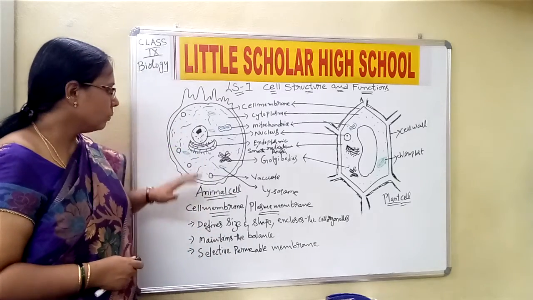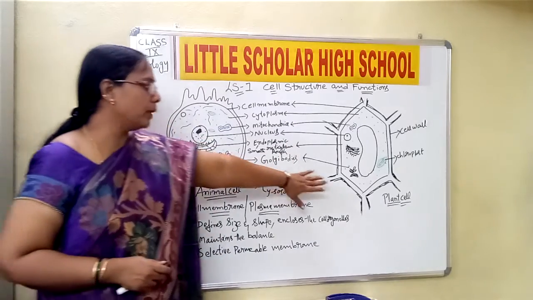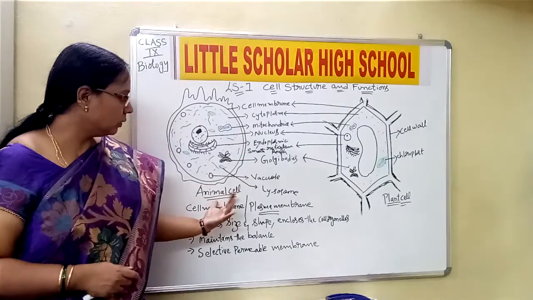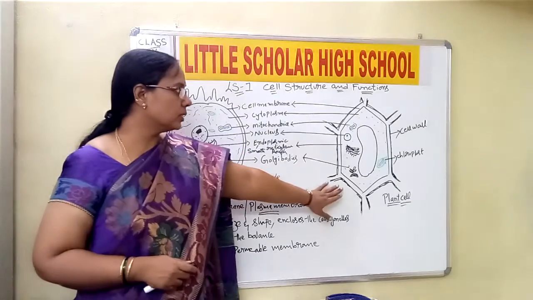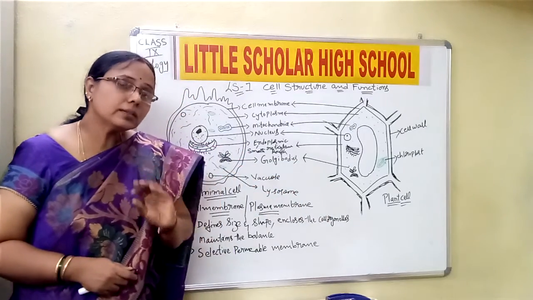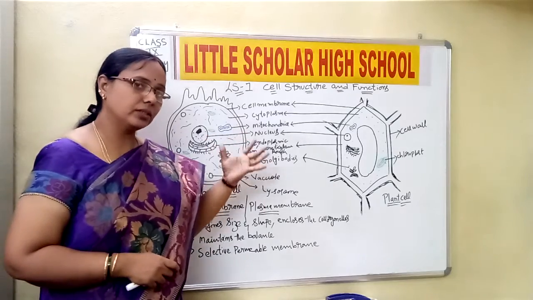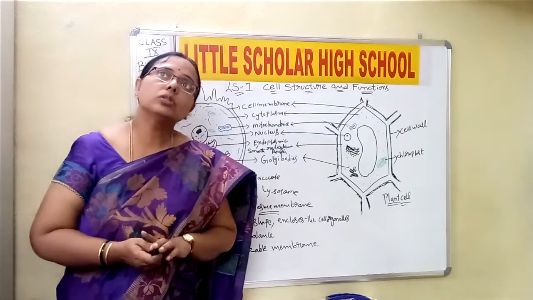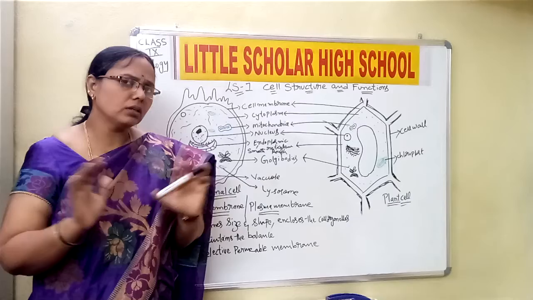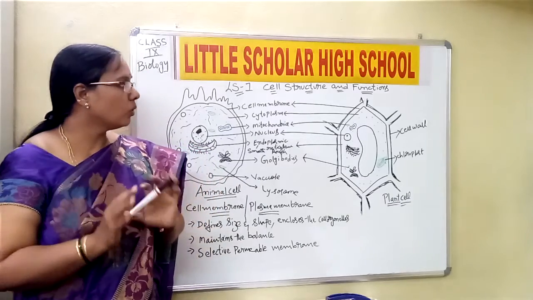Okay, children. Now, this is the plant cell, children. Till now we have seen about the animal cell, and this is the plant cell. Now, there is some difference between the plant cell and the animal cell. Almost all the cell organelles are the same, but what is the difference?